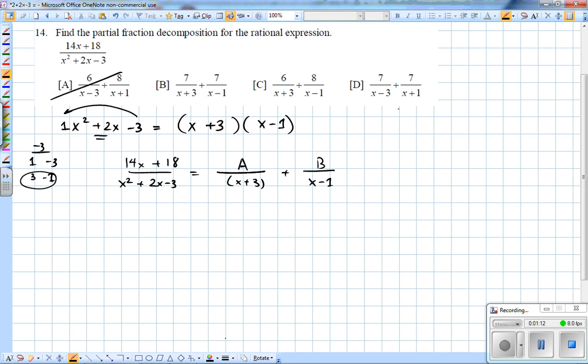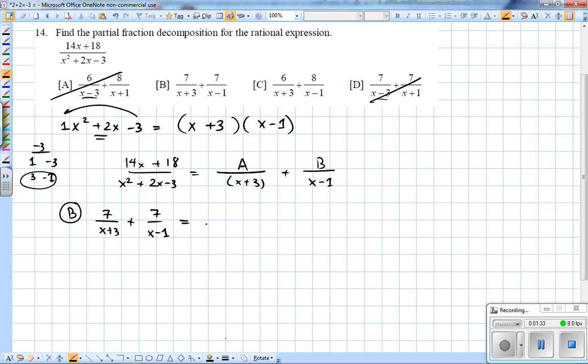I can eliminate these two answer choices because of the negative here, the minus 3, it should be plus 3. One way to doing this is to check your answer choices. For example, letter B indicates that it is 7 over x plus 3. And again, this is one way of doing this if you do not know how to do partial fraction decomposition.